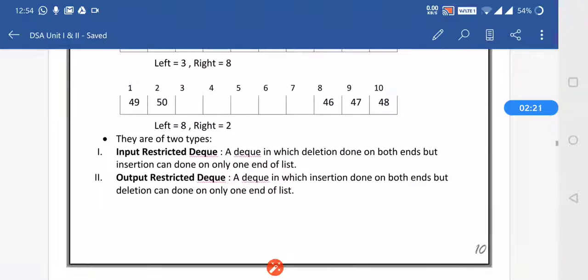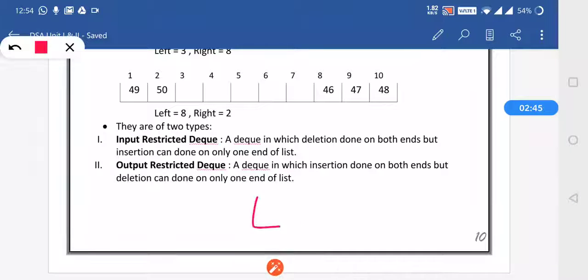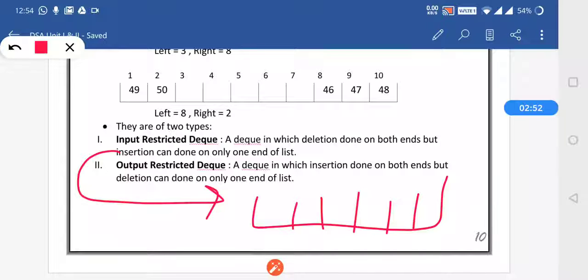So basically there are two types of DQ, that is input restricted DQ and output restricted DQ. So what is input restricted DQ? In input restricted double-ended queue, the deletion can be done on both the ends, but insertion can be done on only one end of the list. Suppose we are having this particular queue and we are using the input restricted DQ.